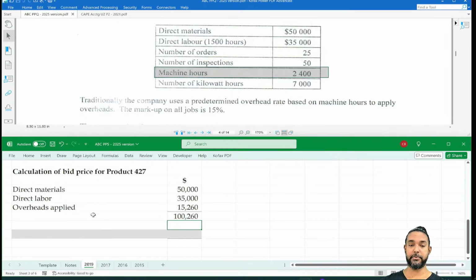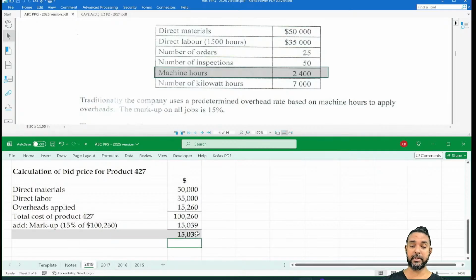So this is the total cost of product 427, and we have to add the markup, which is 15% of the 100,260, which is about $15,000.